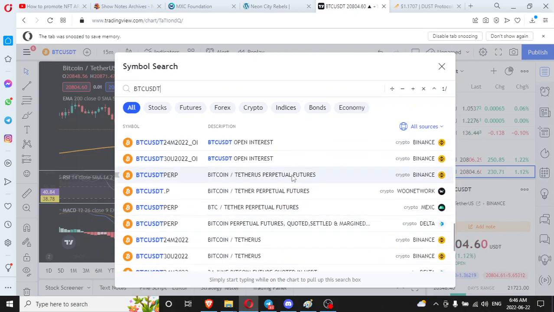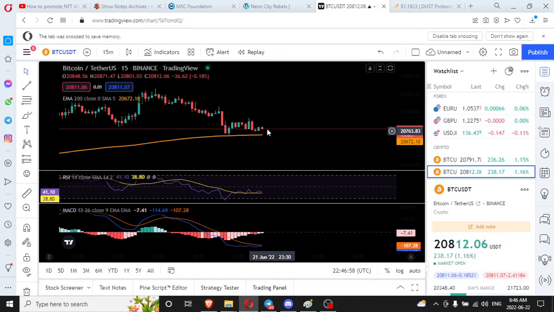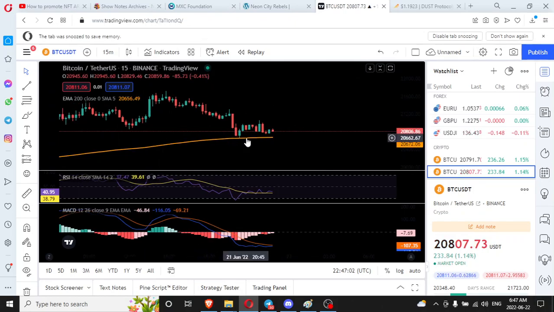Although it doesn't really matter, you want to find perpetual futures just because the price is more correct. Because the price of spot Bitcoin on Binance differs from futures Bitcoin by anywhere from 30 to 40 bucks. It always fluctuates, but it doesn't matter. In general, it's the same trend. It's the same patterns. Everything is the same, just a little bit of price difference.